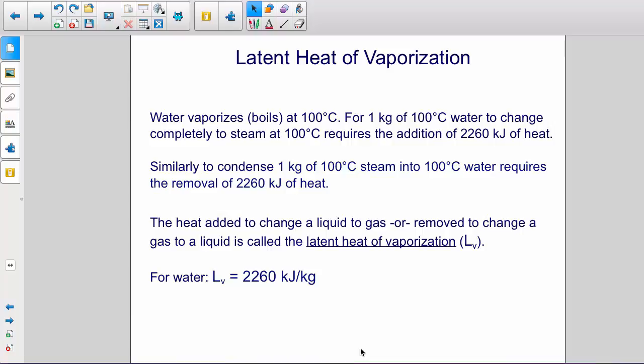So the heat added to change a liquid to a gas, or removed to change a gas to a liquid, is called the latent heat of vaporization, which we symbolize with a capital L and a subscript V. So for water, L sub V equals 2,260 kilojoules per kilogram.